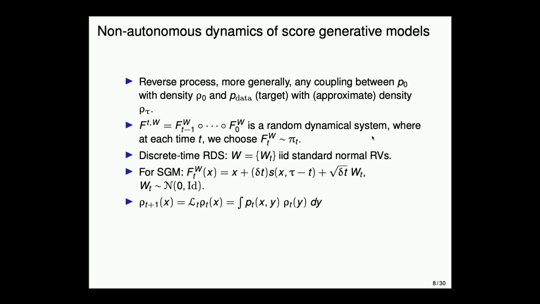This operator L_t tells you how densities flow according to this generative model. All we know is that rho at time 0 is rho 0, corresponding to the easy distribution, and rho at time tau should be close to the target distribution if all is well with your generative model.